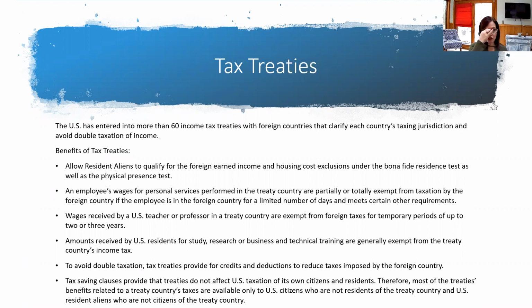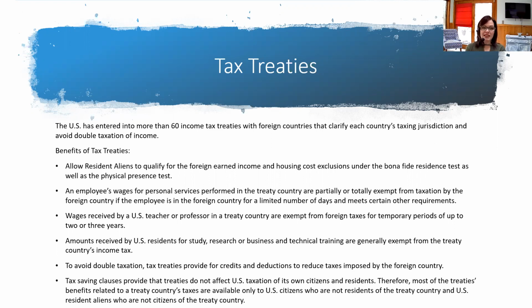So the benefits of tax treaties is they allow resident aliens to qualify for foreign earned income and housing cost exclusions under the bona fide residence test, as well as the physical presence test. An employee's wages for personal services performed in the treaty country are partially or totally exempt from taxation by the foreign country if the employee is in a foreign country for a limited number of days and meets certain other requirements.